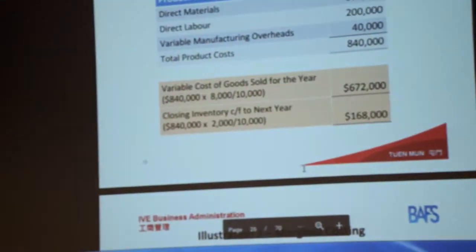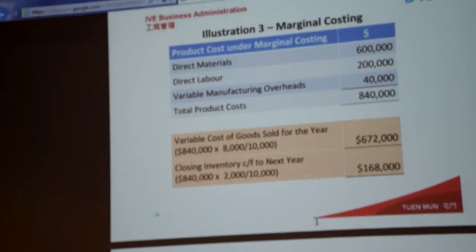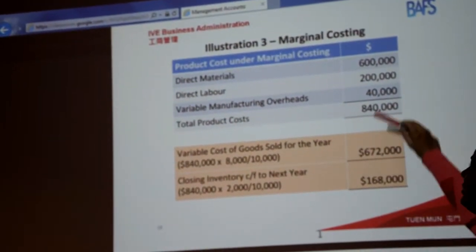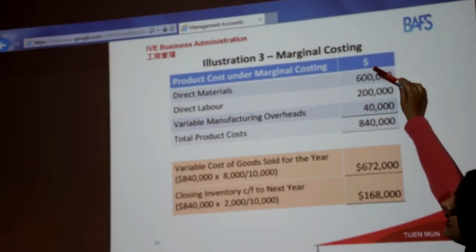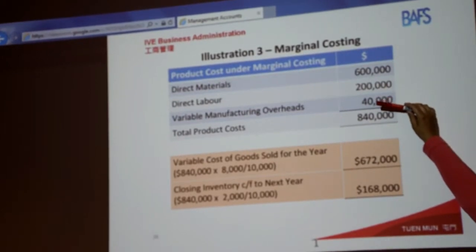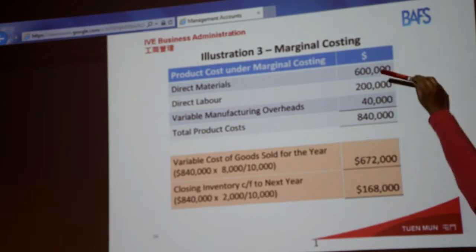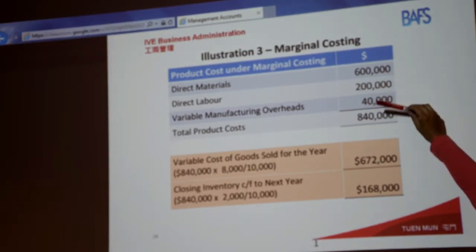what we did yesterday, clearly showing that as well, we said when we look at marginal costing, we just concentrate on the variable cost, and the 3 variable costs that relate to manufacturing are direct material, direct labor, and the variable manufacturing overheads.